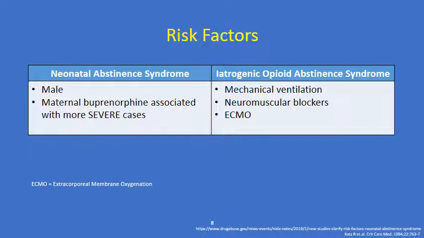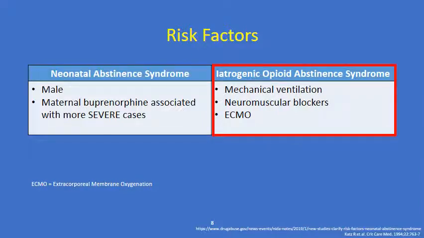When we think about what puts our patients at risk for NAS or IOAS, there are a couple different things. So NAS specifically, being male is thought to be a risk factor, and then also maternal buprenorphine use is actually associated with more severe cases of NAS.